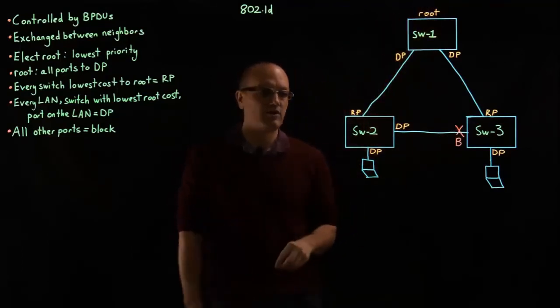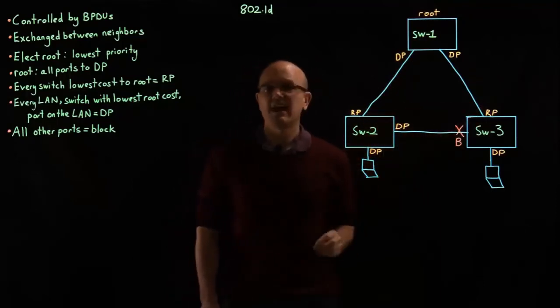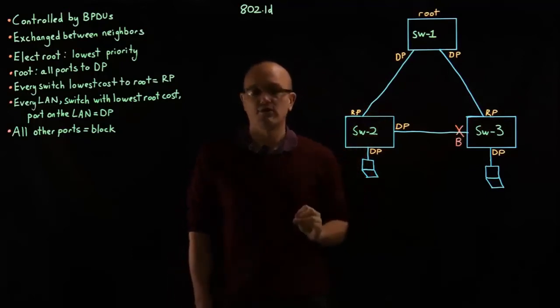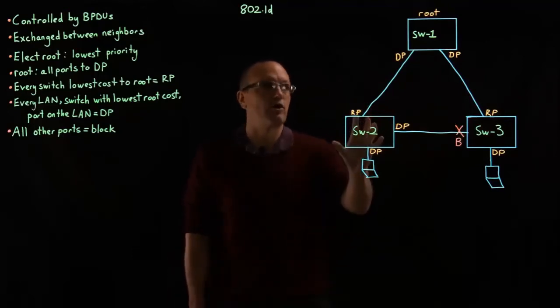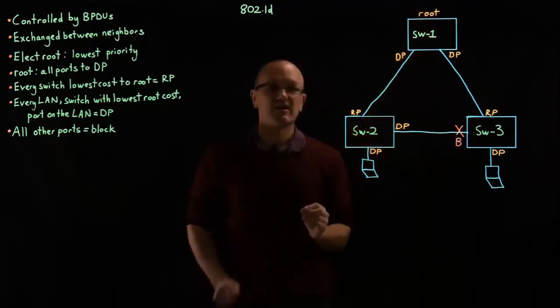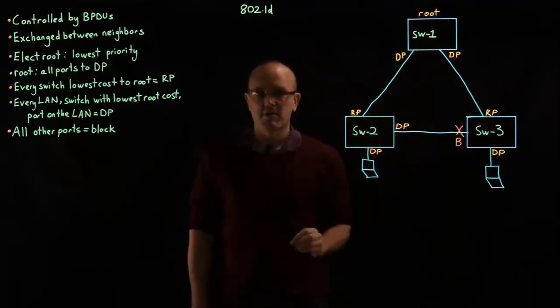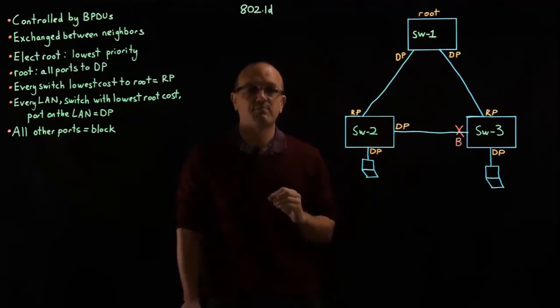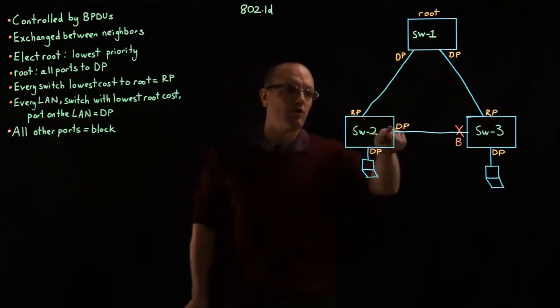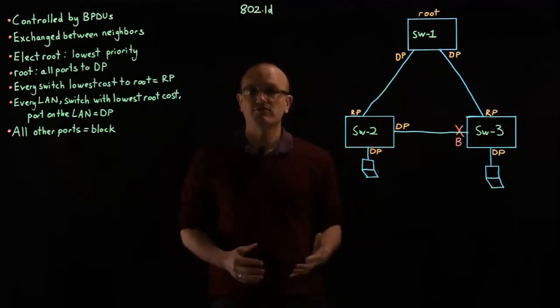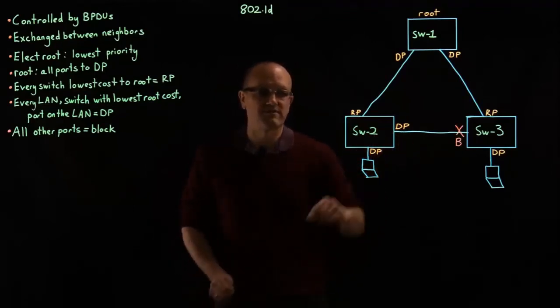So in our example here, we're looking at the LAN in between switch 2 and switch 3. Switch 2 here has the lowest root cost up to the root compared to switch 3. Therefore, switch 2 becomes the designated bridge, and his port on the LAN becomes a designated port, so he is then placed into forwarding state.